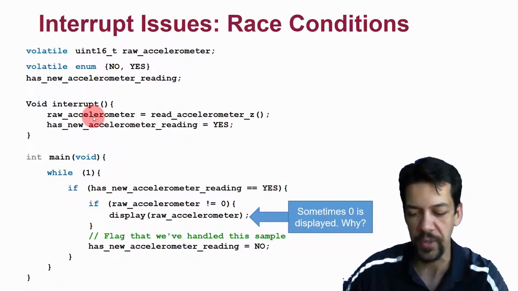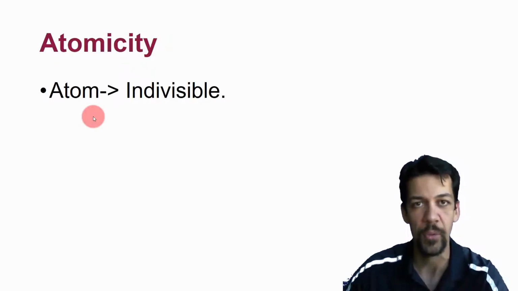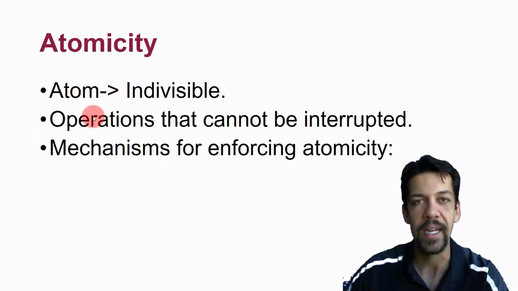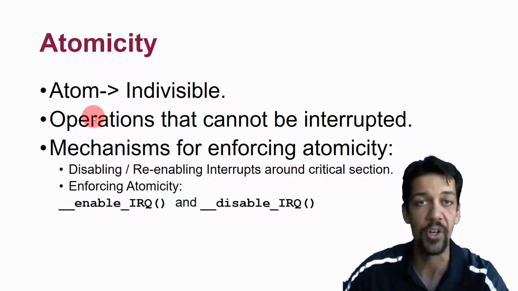So the solution for this is to enforce what's called atomicity, and basically it means that we don't want certain sections of code to be divisible. We don't want it to be possible to interrupt between certain sections of code, and the way we enforce that is by using the enable IRQ and disable IRQ methods, and these are global enable and disable functions.